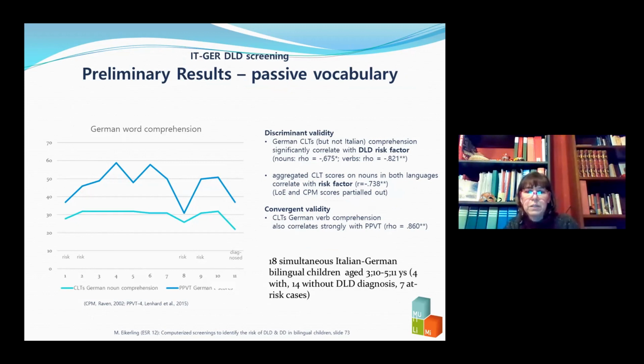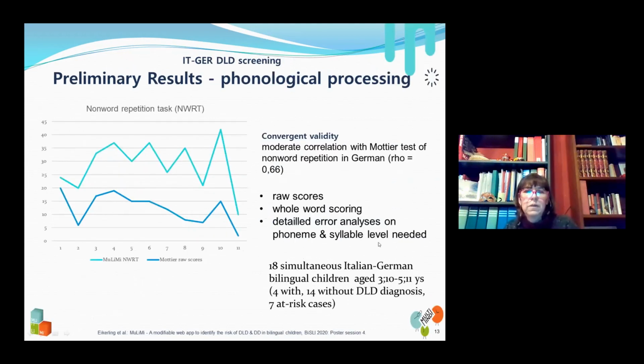You see the scores obtained with the CLT German noun comprehension and the Peabody picture vocabulary test in German, very similar, with good correlations, 0.86, and again a good correlation with risk factor, even if a little bit lower than before.